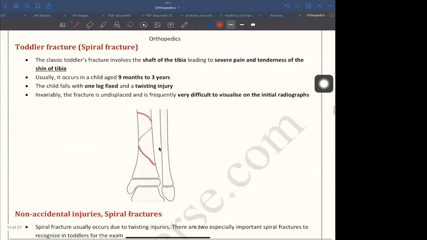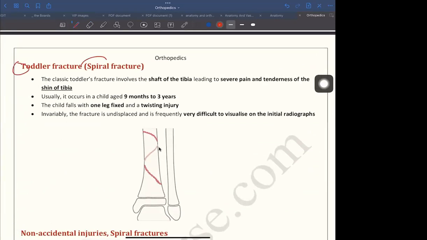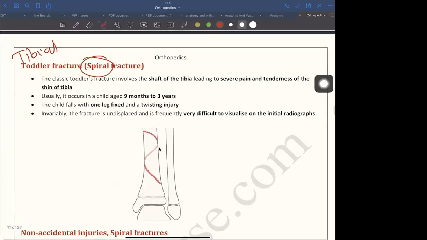Next, toddler fracture, or spiral fracture, and always remember the toddler fracture is of the tibia. The classical toddler fracture involves the shaft of the tibia with severe pain and tenderness on the shin. Usually it occurs in a child aged 9 months to 3 years, and the child falls on one leg flexed with a twisting injury.